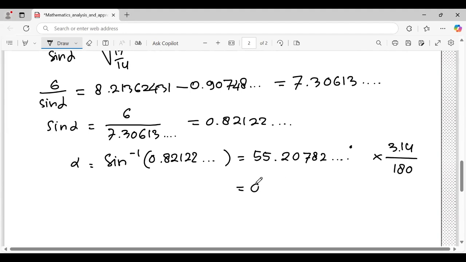And the result is 0.9630 and so on, or 0.96. So this is the result, 0.96.